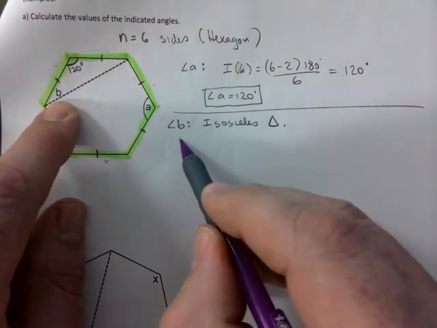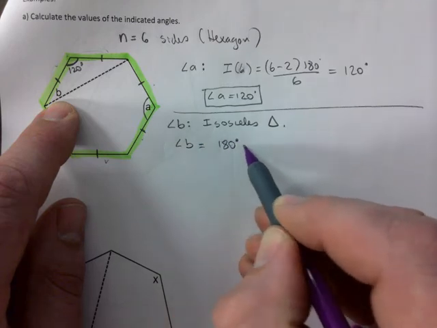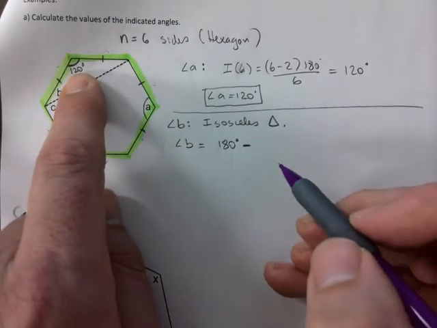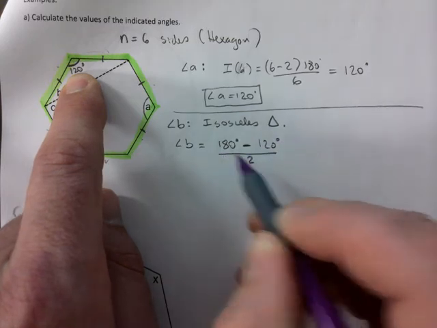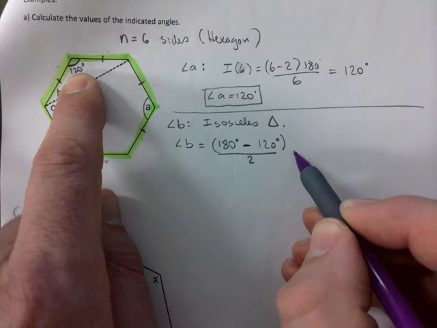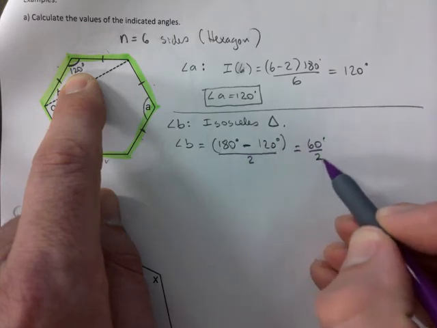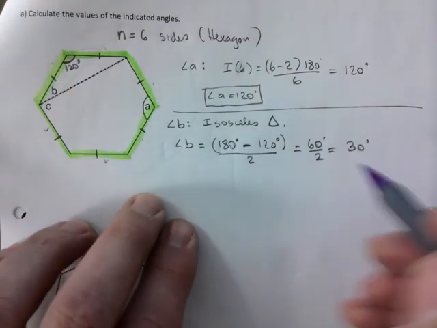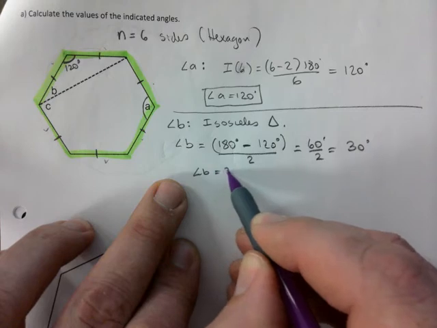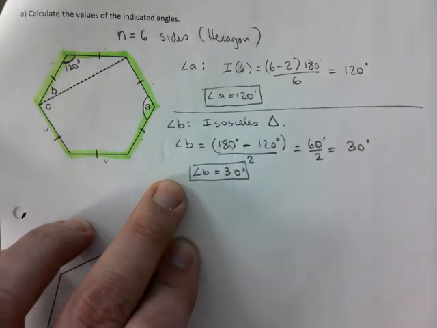So if I want to find angle B, all I have to do is go 180 minus that angle up there, which is 120, and then divide the rest by 2. 180 minus 120 is 60. Divided by 2, that's 30 degrees. And so angle B measures 30 degrees.